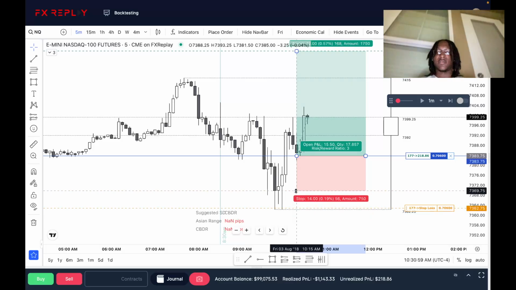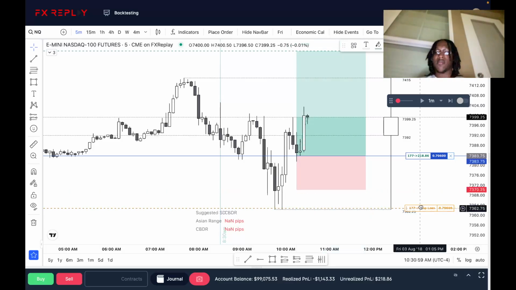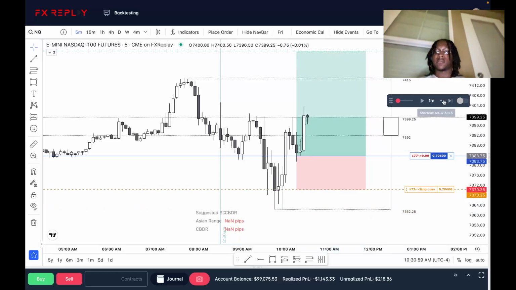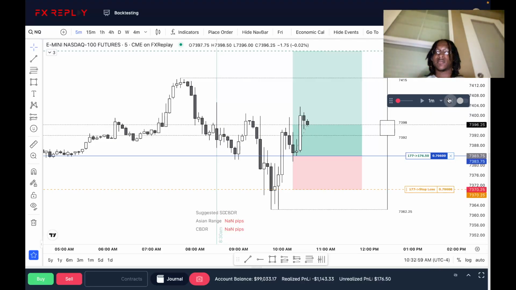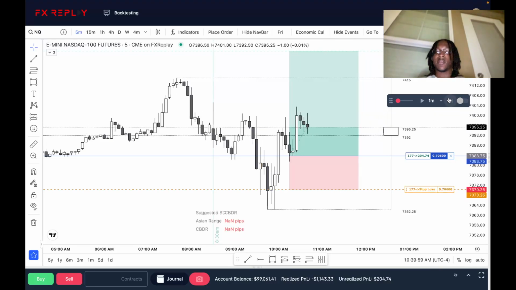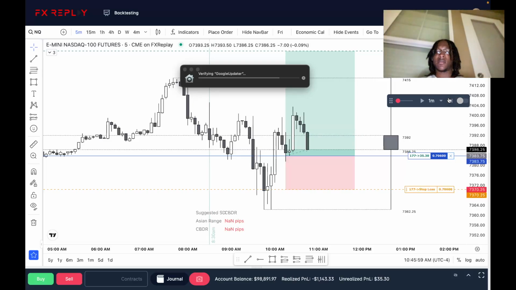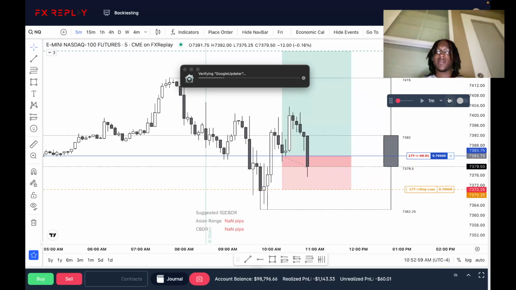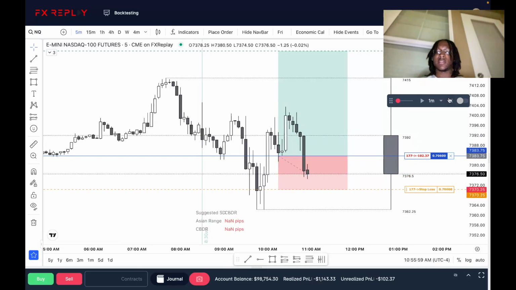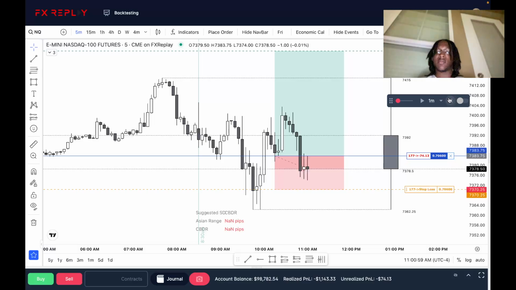I think it moves to the rejection gap. Good value gap, get fully filled, and we just back down.